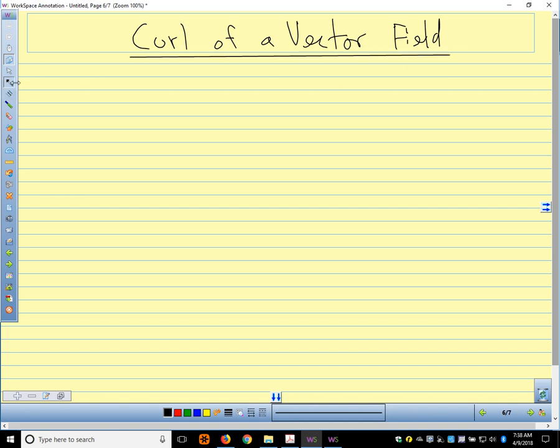So with a three-dimensional vector field, we have this operation, a new use of a symbol.